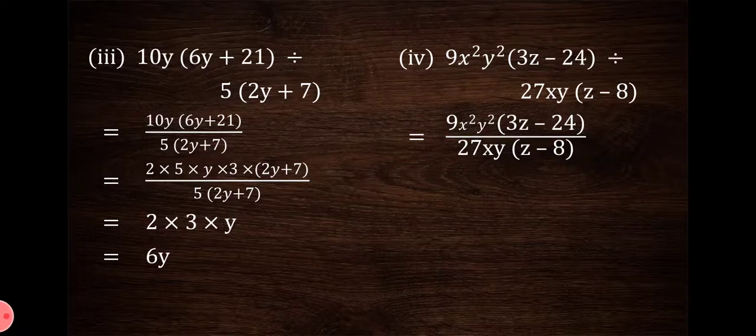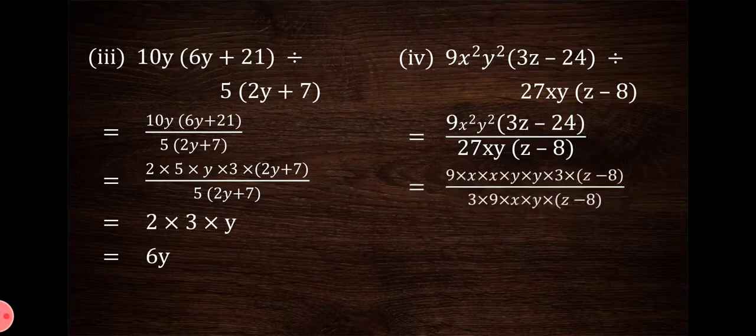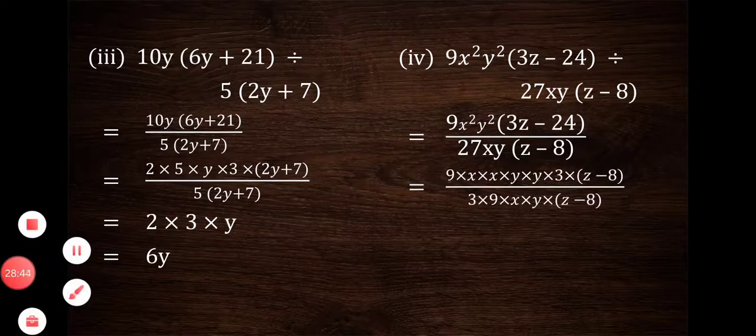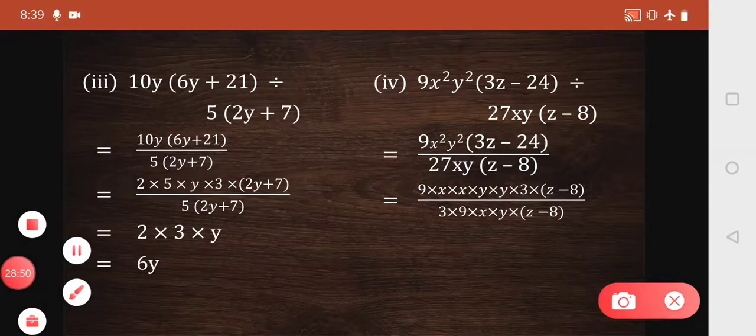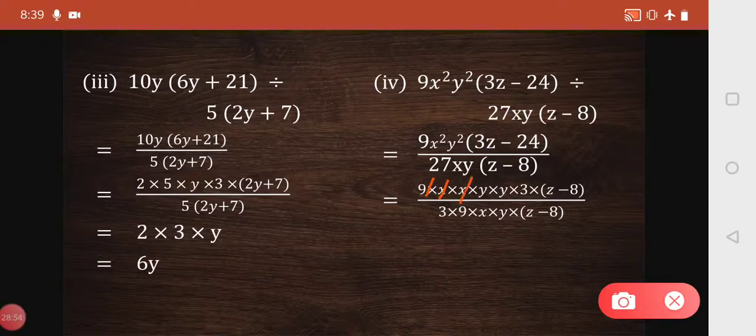So let's move further. That is equal to factors of 9, that is, if we are not writing also, because 27 also consists of 9, so we write 9 as it is. 9 into x square, that is x into x, y square, that is y into y, and from the bracket we have taken out 3 common.